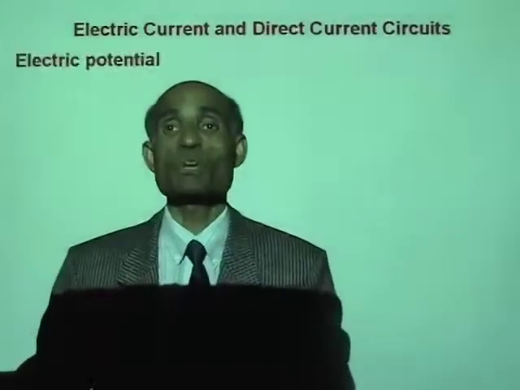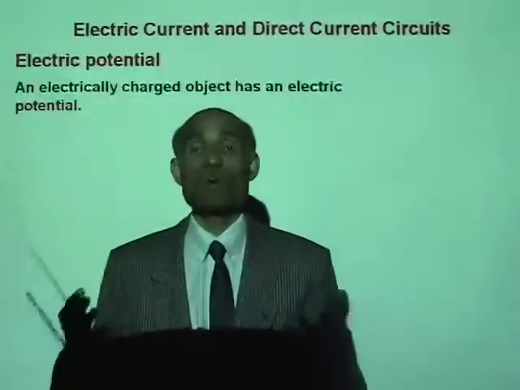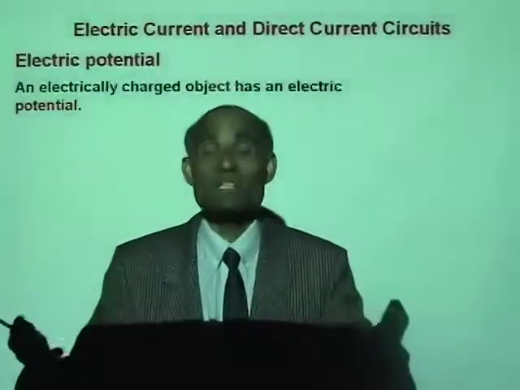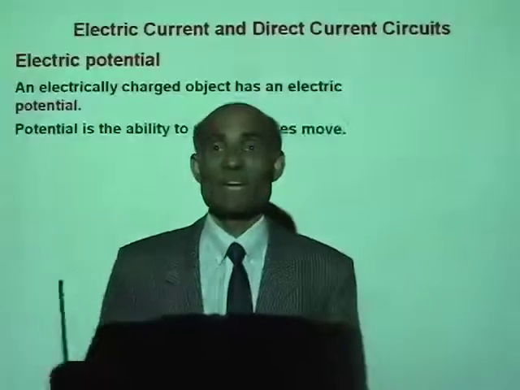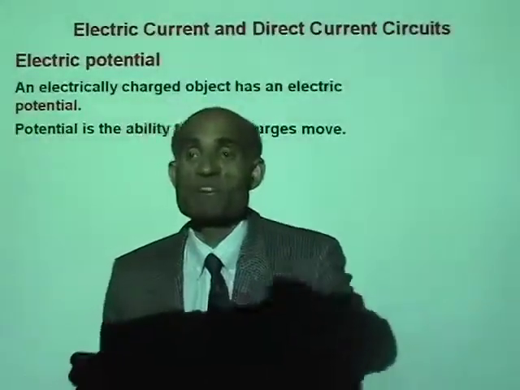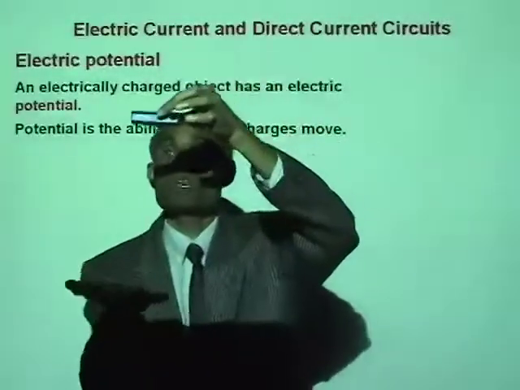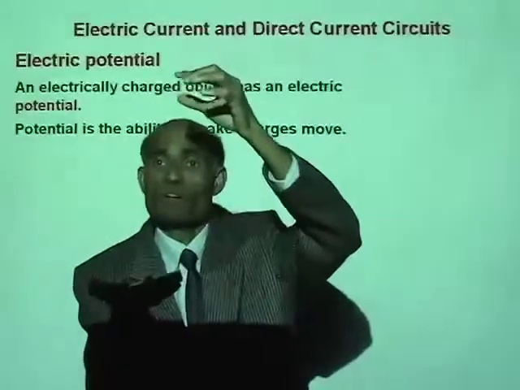So let's talk about electric potential. What does electric potential mean? Now, an electrically charged object has an electric potential. What is the potential? You see, if I keep an object here, we say it has the potential to move.